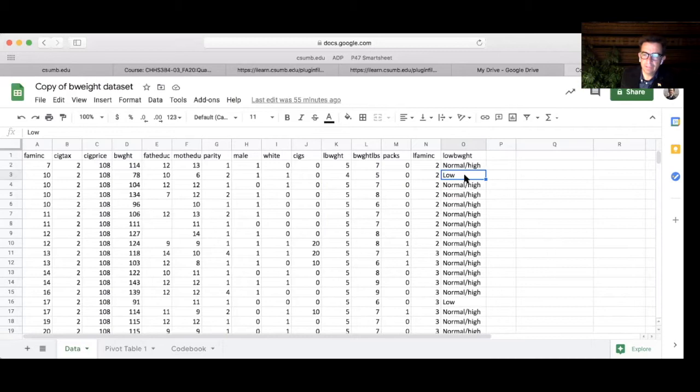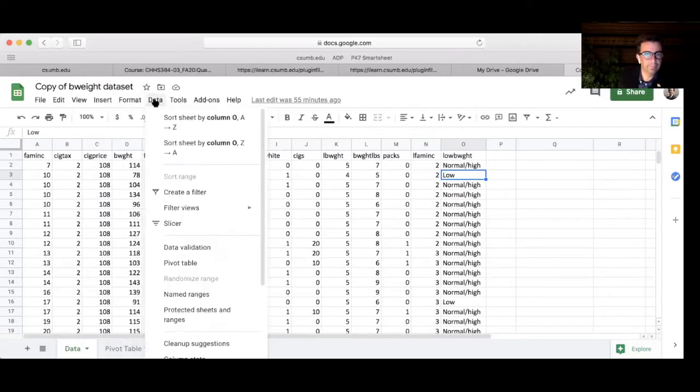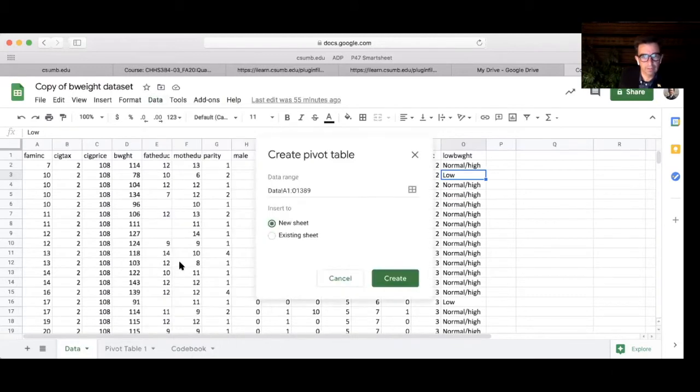We want to see if the average family income for babies that are born at a normal or high weight is equal to the average income for families that have babies born with low birth weight. Okay, so the way we would do that is we are going to go to data, and we're going to ask for a pivot table here, in a new sheet.